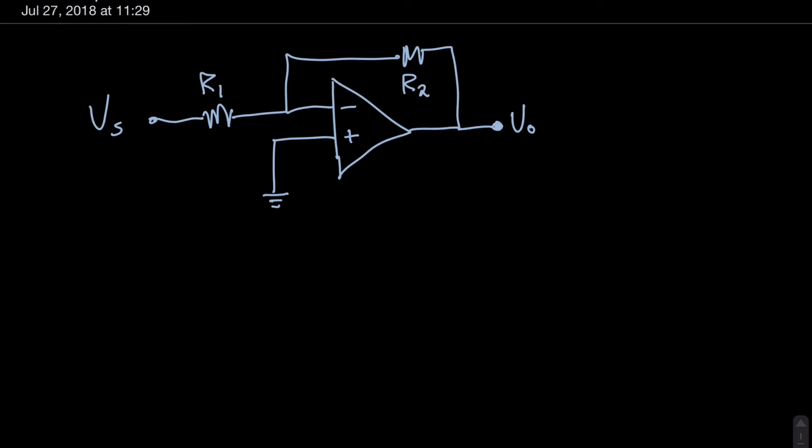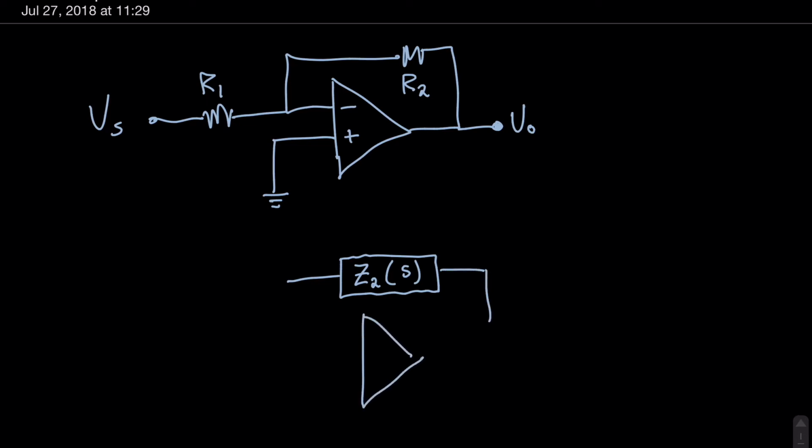Now what if we redrew this circuit, but instead of using resistors, we use impedances. And so we can say that this is going to be Z2 in the S domain, that's the Laplace domain, and then we can feed this into our handy dandy little op amp here.